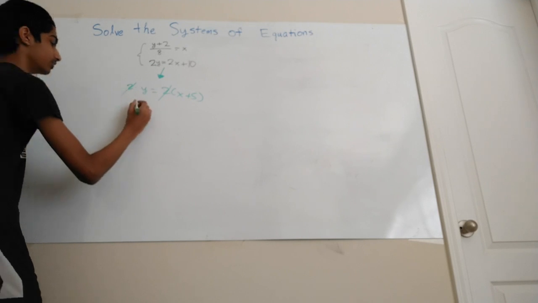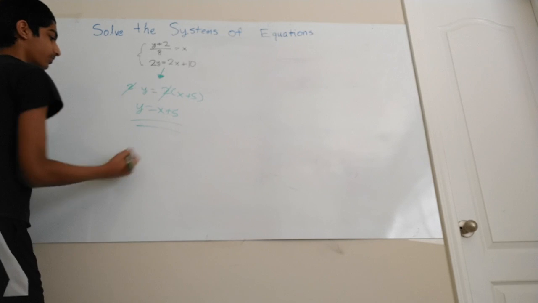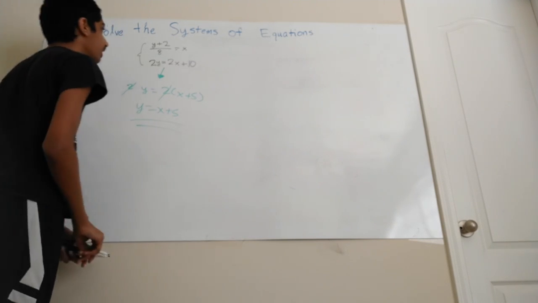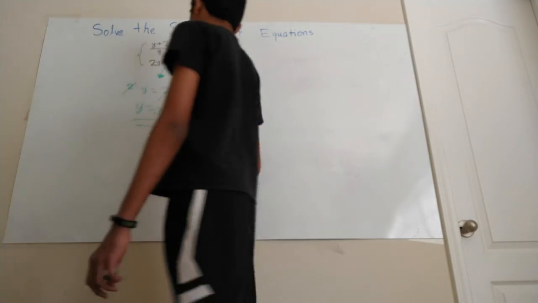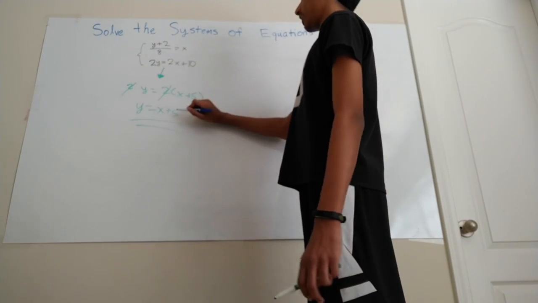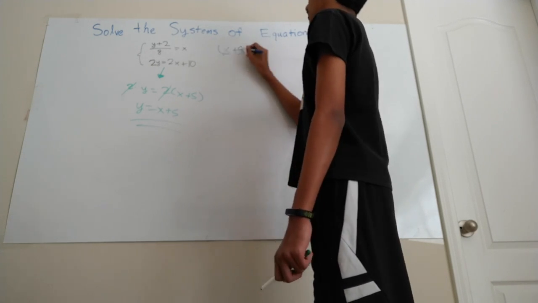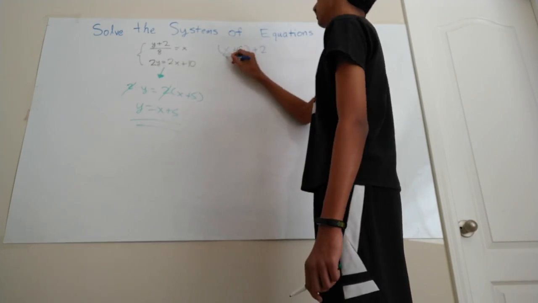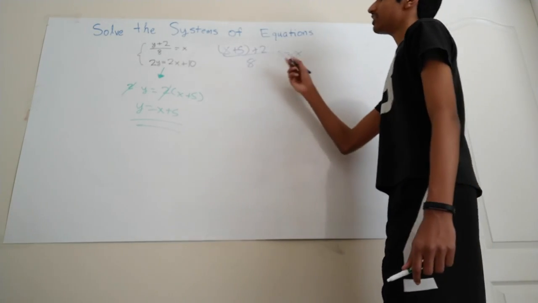The 2's cancel out, so it's just y = x + 5, a simple equation in terms of y. Then we have this other equation. Using y = x + 5, we can plug that in for y.